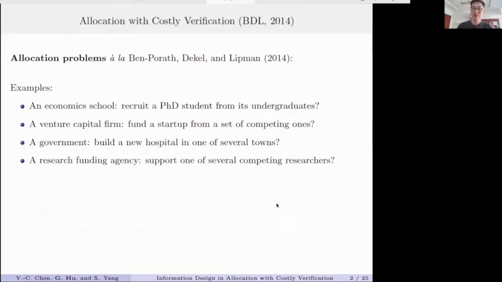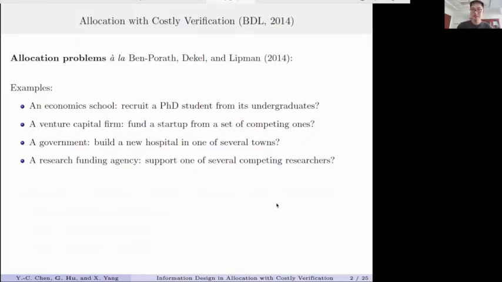So here are some examples in their paper or in the real world. You can imagine we have 4 examples here. An economics school may recruit a PhD student from its undergraduates. A venture capital firm may consider whether to fund a startup from a set of competing ones or not.